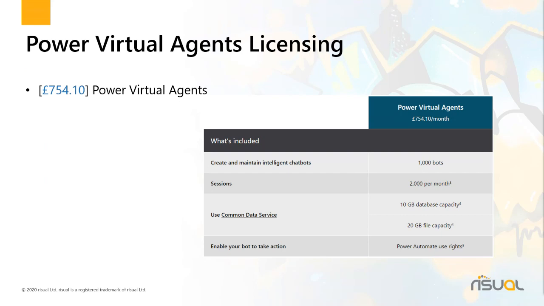What you'll also find is that's going to give you additional capacity as well with the Common Data Service. So if we look at the Common Data Service as a whole, by default, in your default environment, when you set up any 365 tenant, you will have a gig available for storing apps and so on. If you start using bolt-ons like Dynamics 365, that expands the capacity and gives you the access to create a database. The same with Power Virtual Agents.